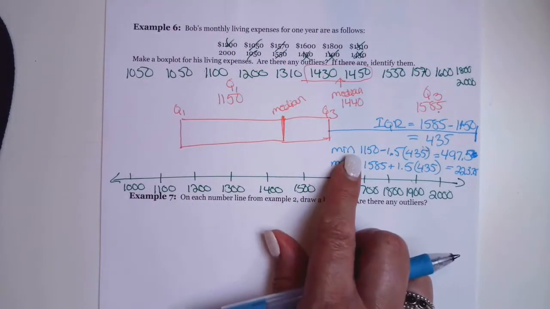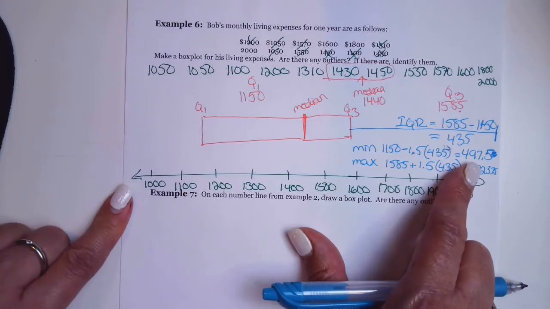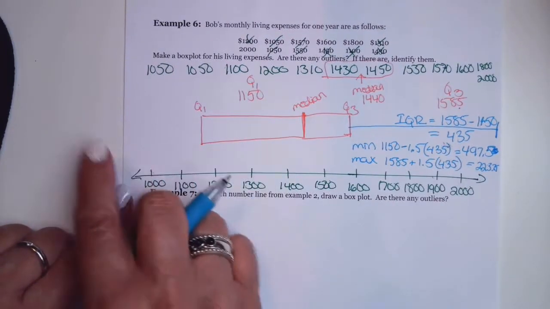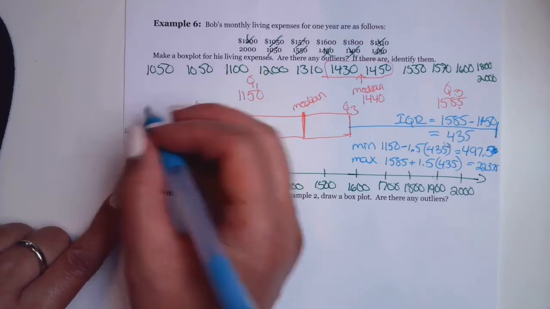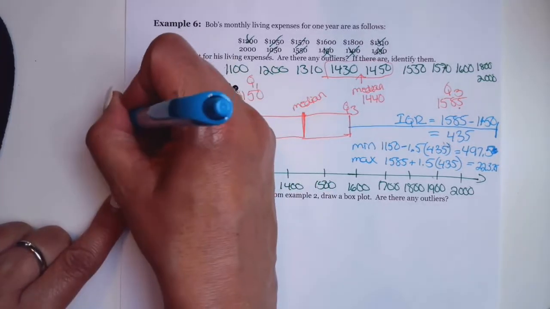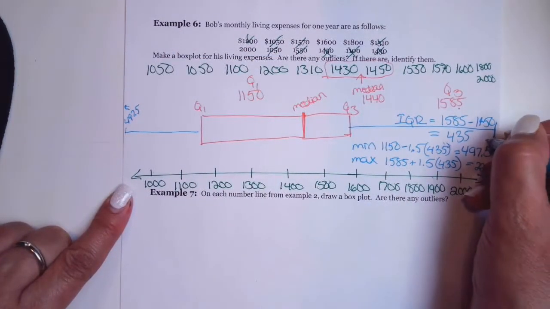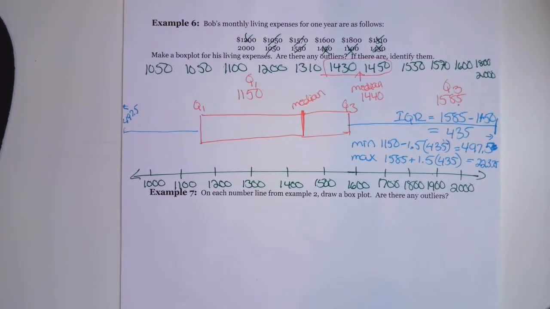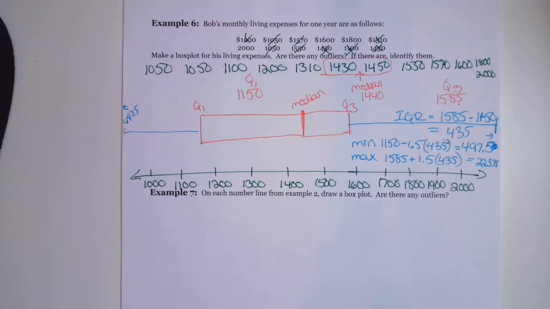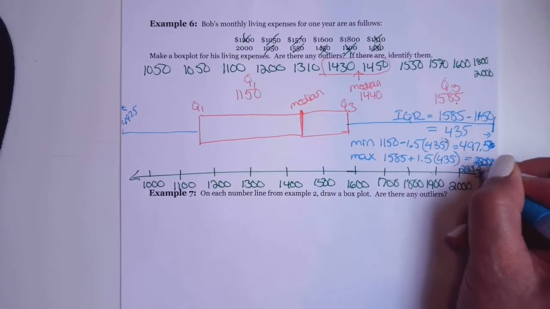Our minimum, 497.5, we don't have that. That's going to go out of our range as well, way over here. So this is 497.5, wherever it is. And this one here is 2,237.5.